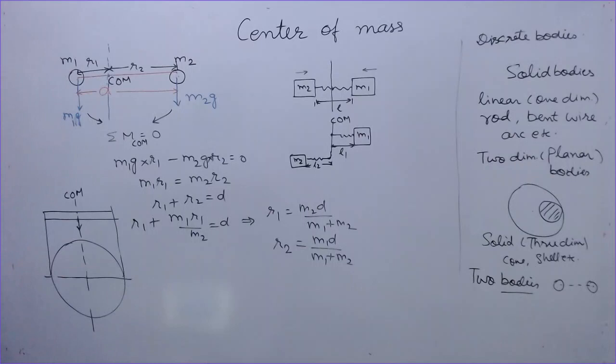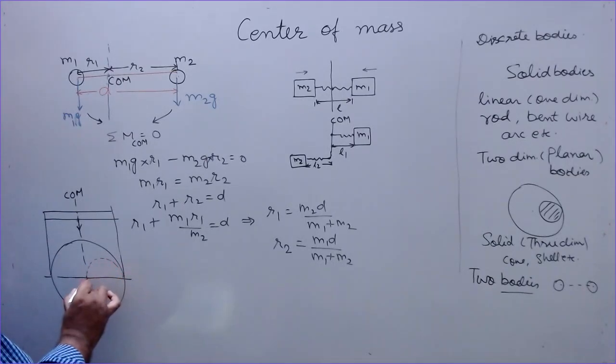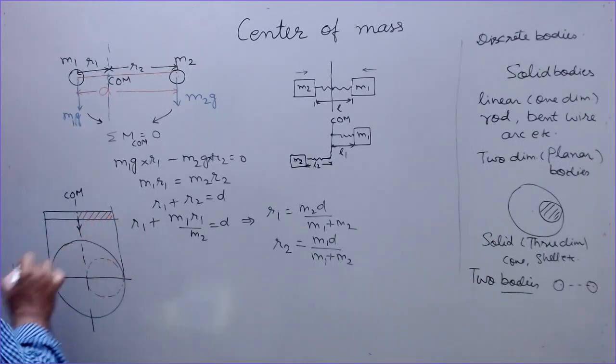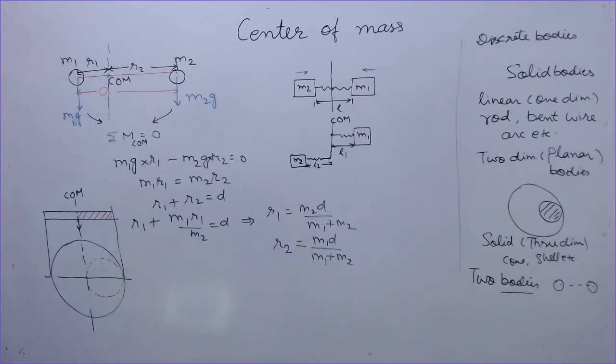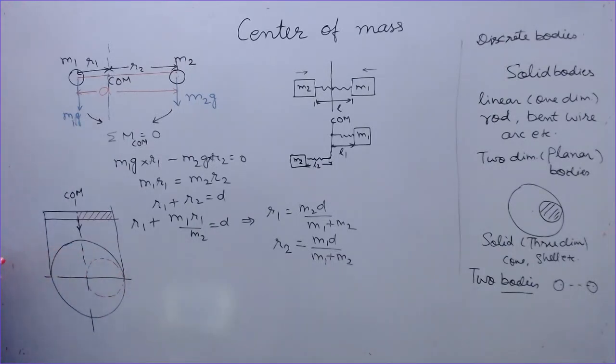Now what I do is I am making a through hole into this. I am cutting this portion out. So this portion is removed. So where is the center of mass located now? Mass is removed from this side, so mass is concentrated on this side.